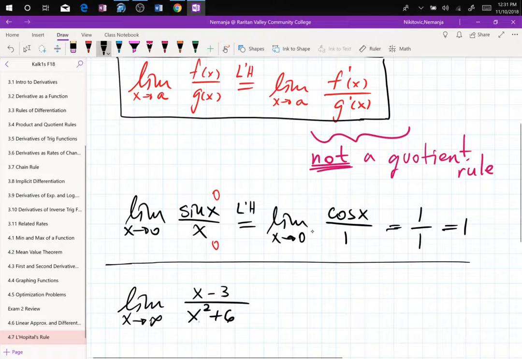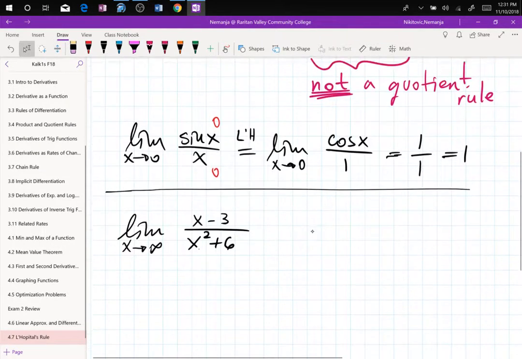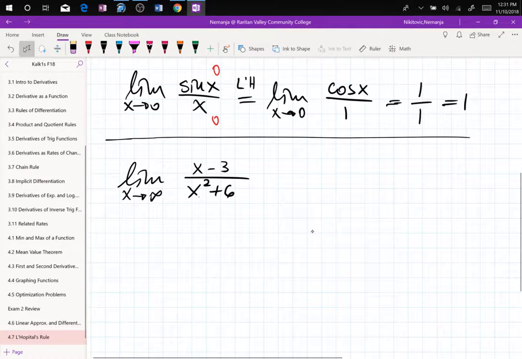Now you know how to do this, right? You say, oh, the power in the denominator is larger, so it's 0. Okay, fine. Or you can divide everywhere by x squared, run the whole calculation, it will be 0. Fine. Or you can also use L'Hopital's rule.